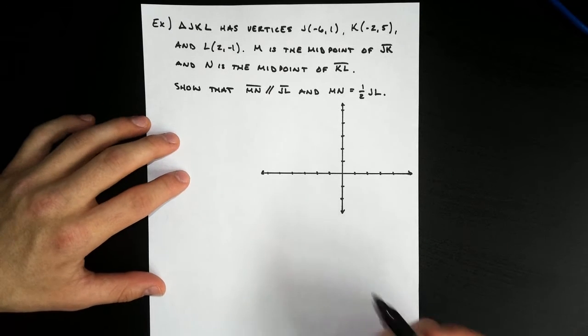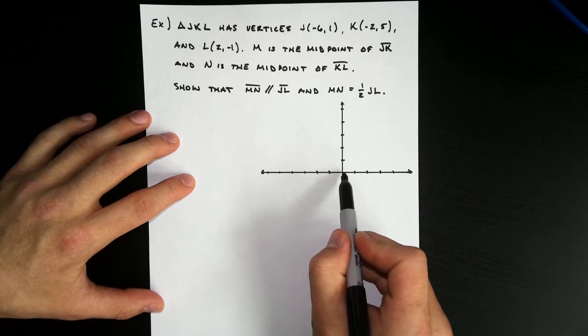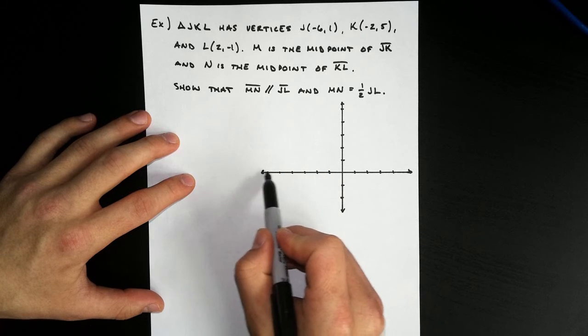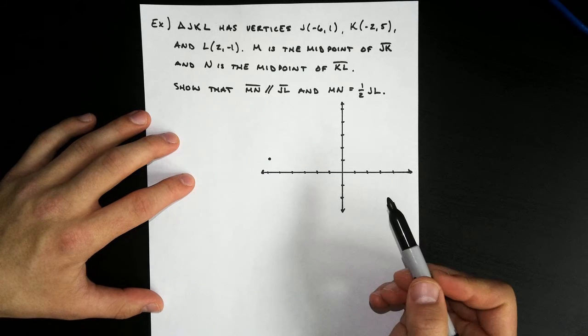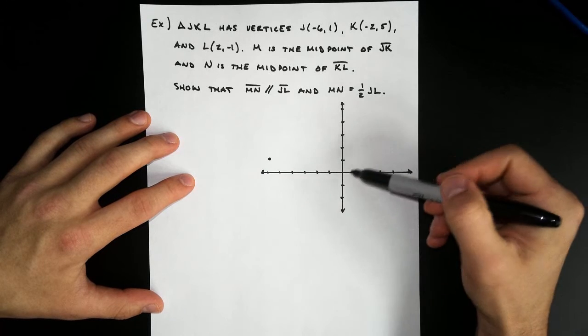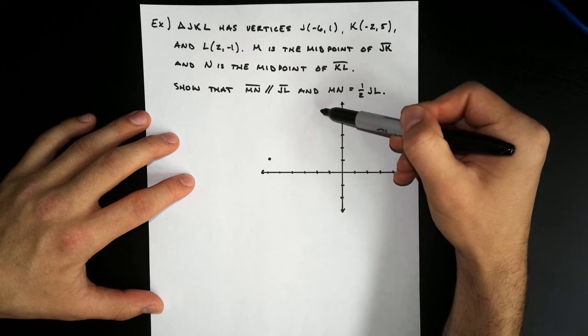So why don't we start by graphing our triangle, just to see what we're working with. So J, -6, 1, 1, 2, 3, 4, 5, 6, and then up 1. K is -2, 5, 2, 1, 2, 3, 4, 5.